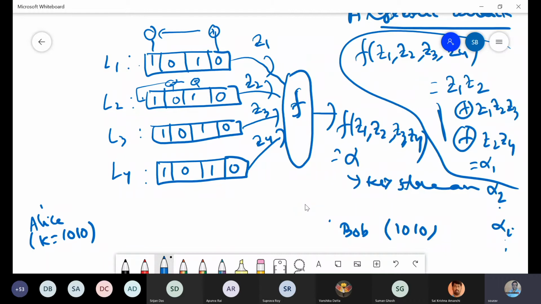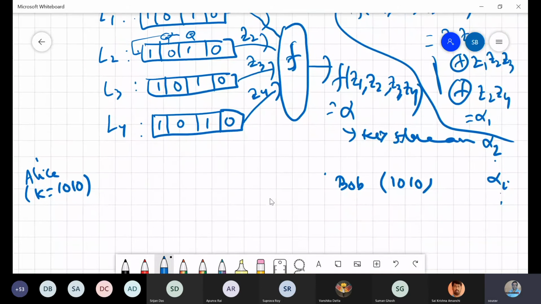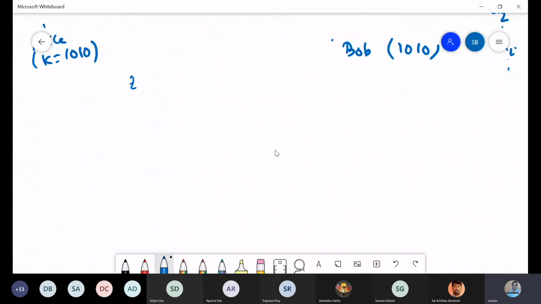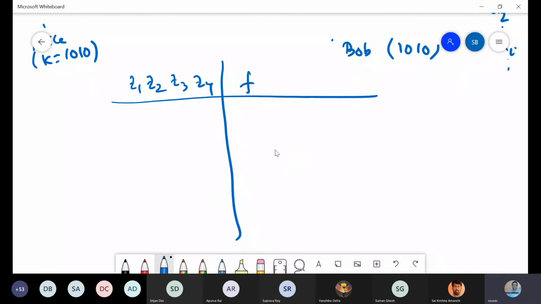What is a Boolean function? f takes some inputs, z1, z2, z3, z4. Sometimes a Boolean function is written in tabular form. We have all possible combinations: 0000, 0001, 0010, 0011, 0100, and so on.